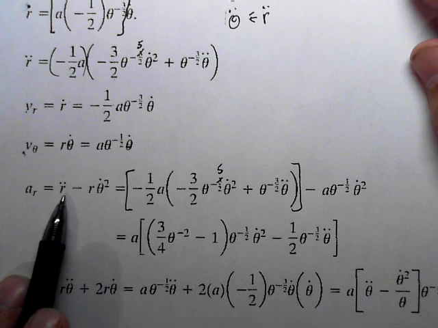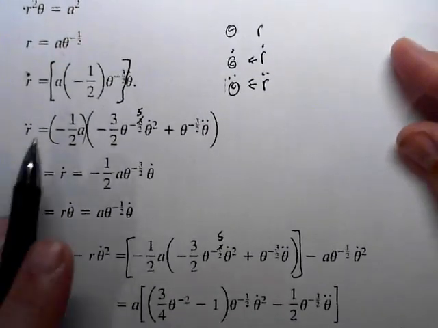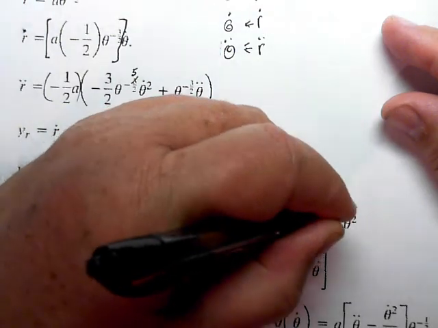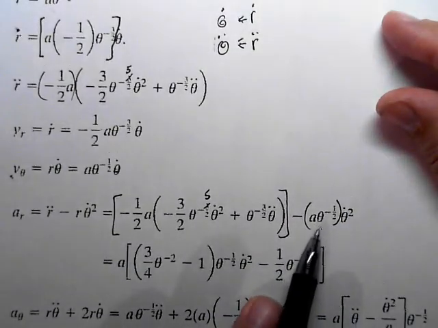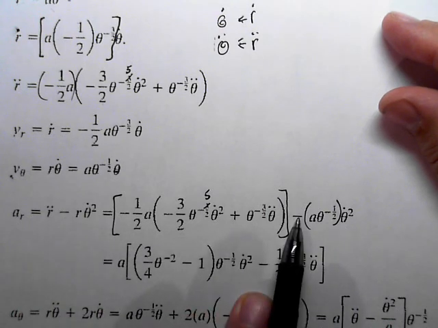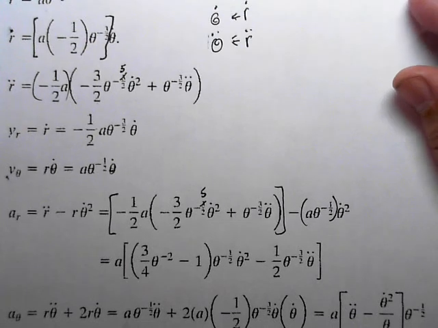So that takes care of this term. This term is r times theta dot squared, but we will write r as we did earlier, a theta to the minus 1/2, times the theta dot squared, with a minus sign in front of it.